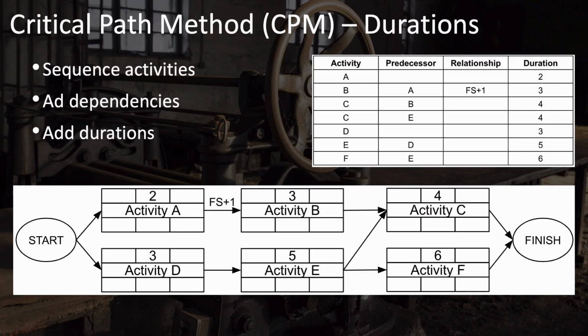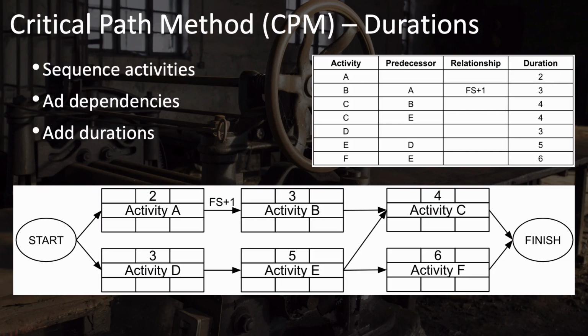Activity E below that follows D. Then we have activity C, which has both B and E as a predecessor. And then activity F, which has only activity E as a predecessor. And that's all of the activities. And so those last two connect to the finish.